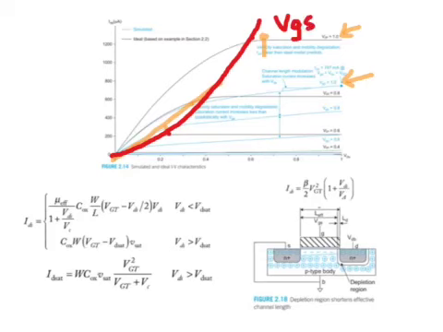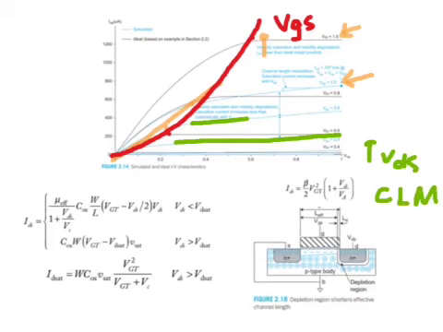And then the third difference that you may have observed is the current in saturation for these short channel devices is no longer constant. Current does increase with increasing VDS, and this is due to an effect known as channel length modulation.